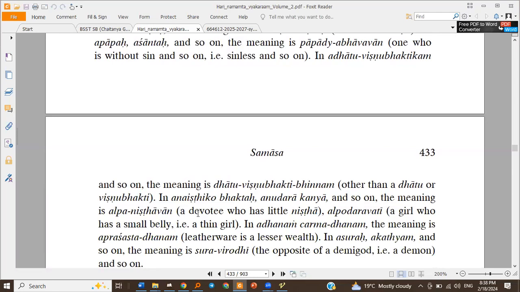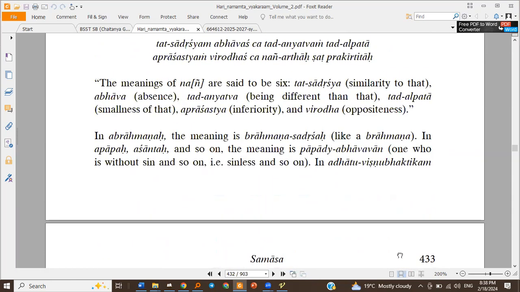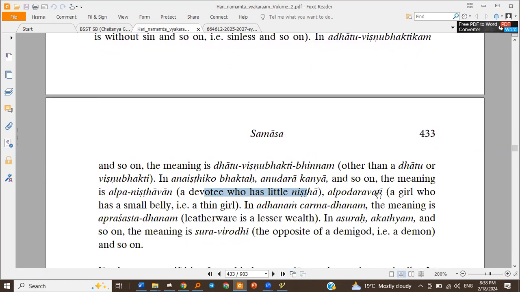The meaning is alpanishthavan, a devotee who has little nishtha. So naishtiko and anaishtiko, tadalpata.